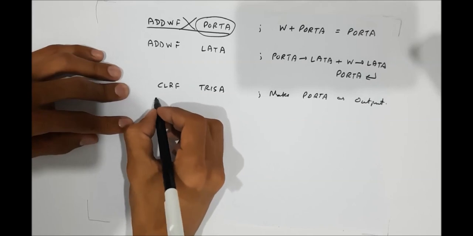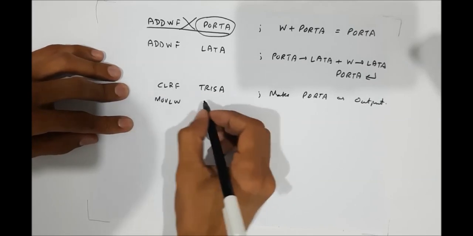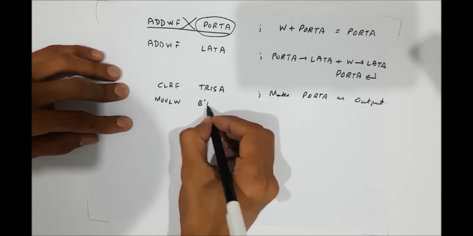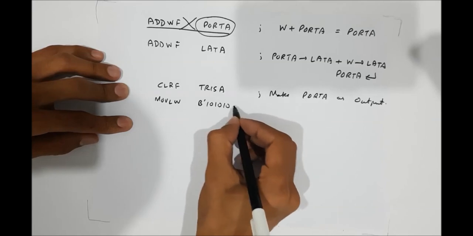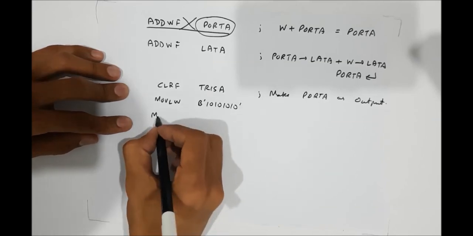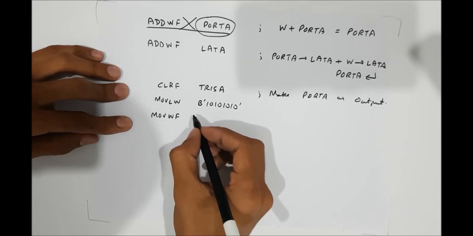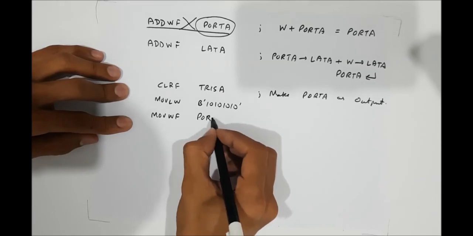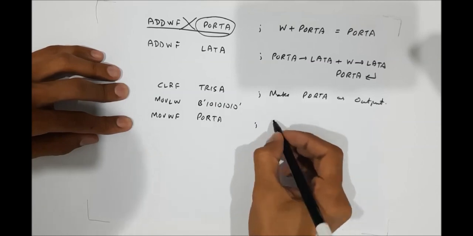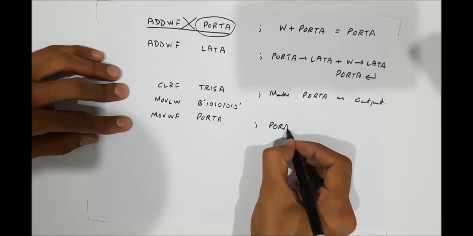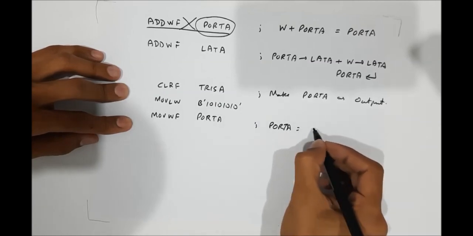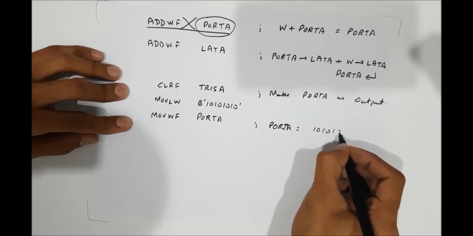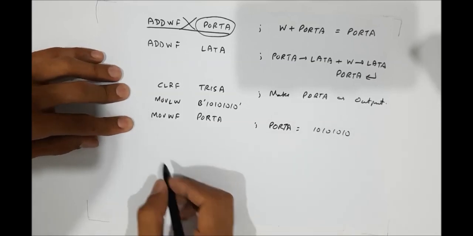Then MOVLW B'10101010' and MOVWF PORTA. So that will make port A equal to 10101010.